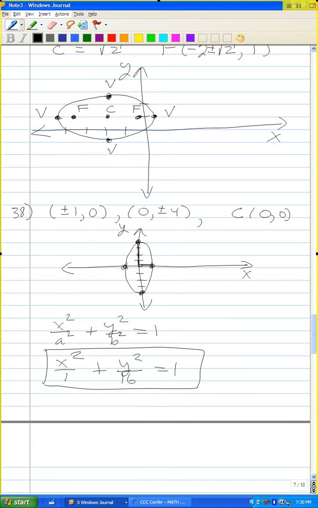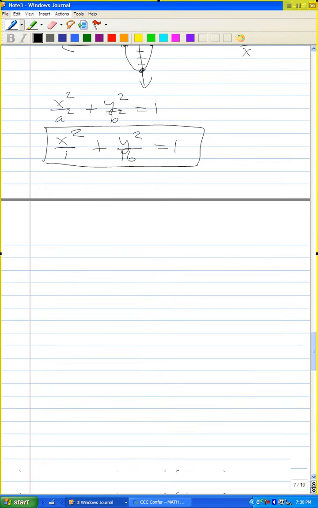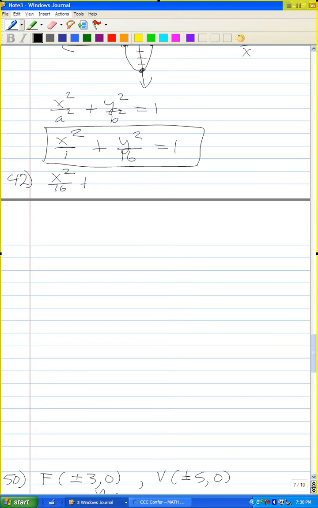Let me do problem number 42. x squared over 16 plus y squared over 4 equals 1.